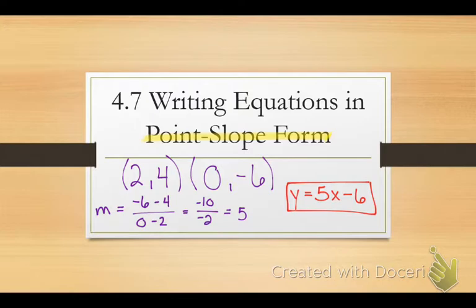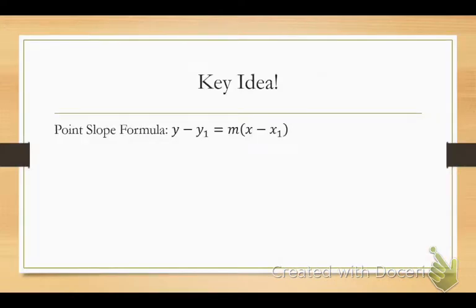Yes. Okay. All right, so I need a formula. Your point-slope formula. Y minus y1 equals m times x minus x1. Now, there's two built-in parts to the formula that'll never change.